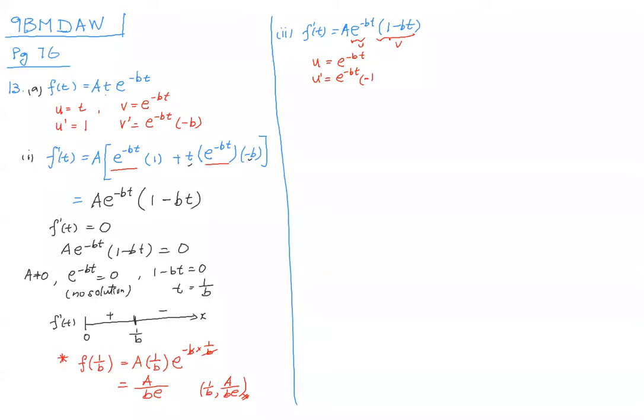Carol Rampa, how to go for SAT 2? Things that you are supposed to know, please. Okay, v is 1 minus bt. So what is v prime? What is dv over dt? Idina.